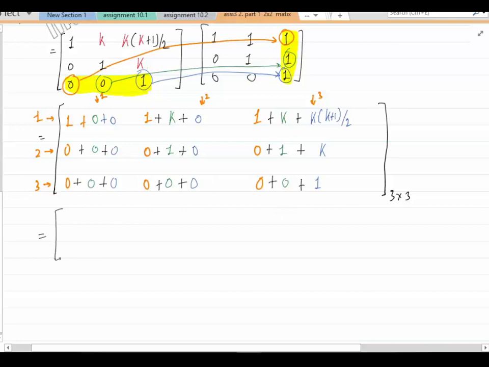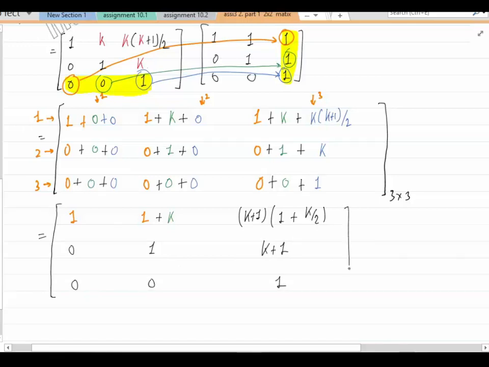Now let's simplify. We will get 1, 1 plus k, and in the third term we have to take k plus 1 common, so the rest of the term will be 1 plus k by 2, right? And here we will get 0, 1, k plus 1 again, and 0, 0, 1, right?